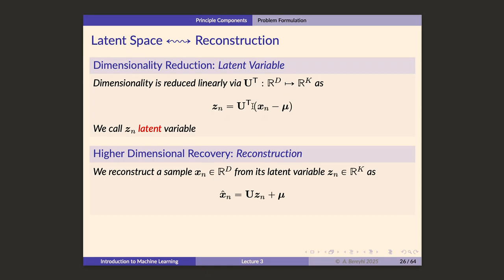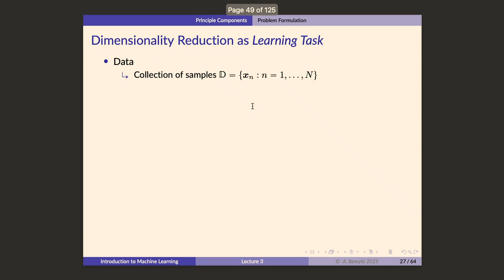We hope that this X hat contains as much information as possible about X. In the ideal world, it's exactly X itself. If not, then it's very close to X. Everybody's clear? Any questions? No questions? Great. It's 34 now, so maybe we have a 6 minute break and then we continue, okay?